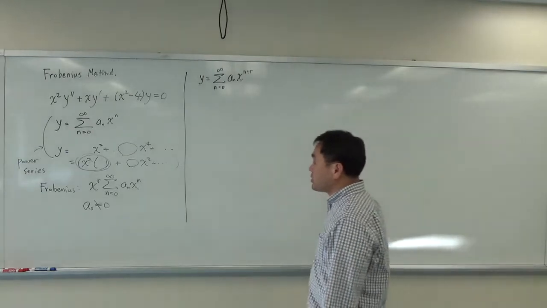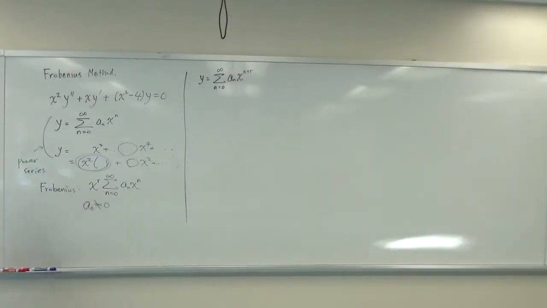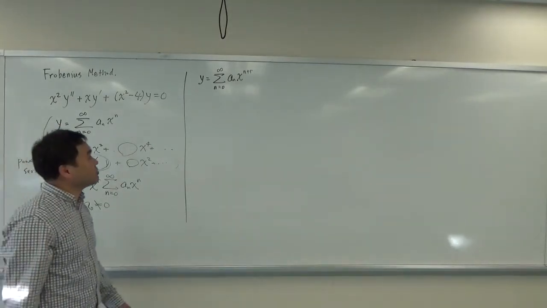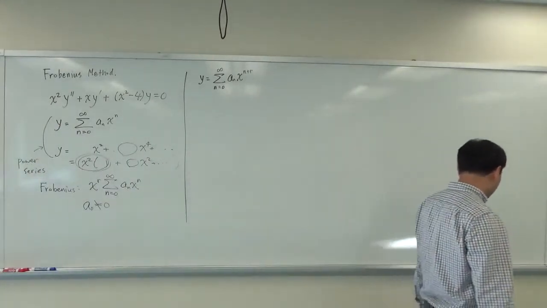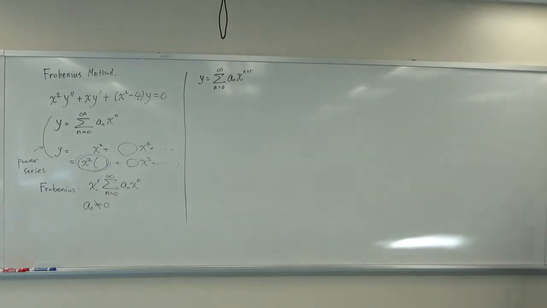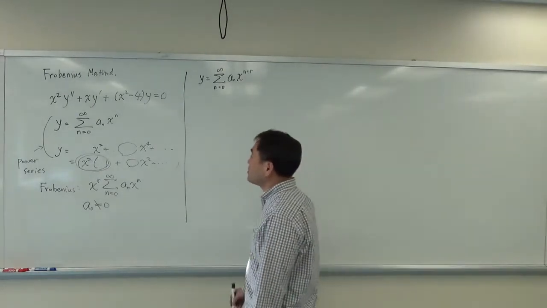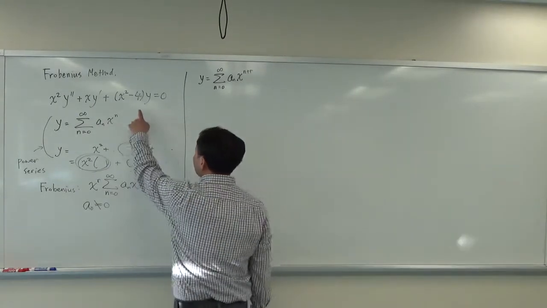Okay, so with this, what are we planning to do today? Well, I'm going to be very ambitious today, and I want to solve the Bessel equation for any n.